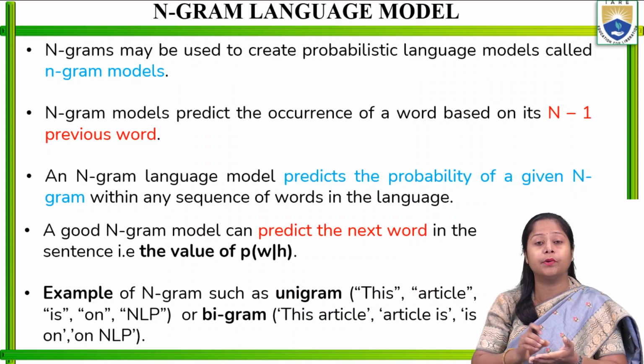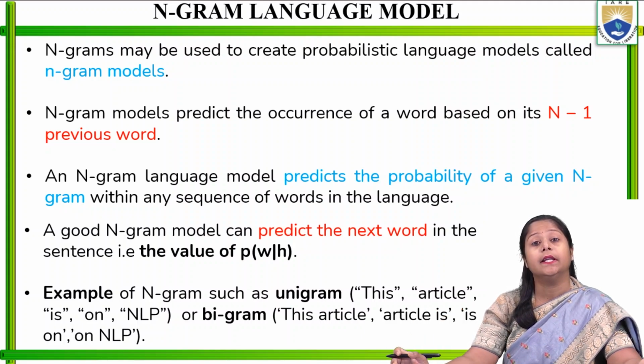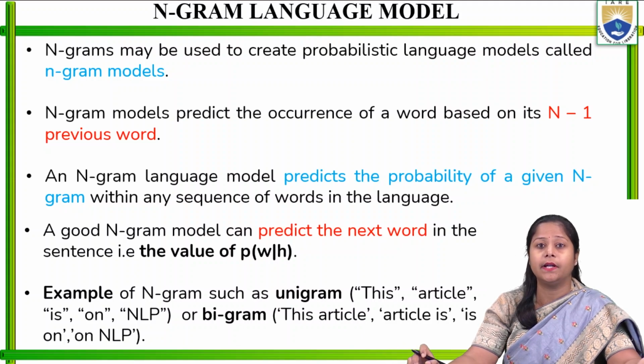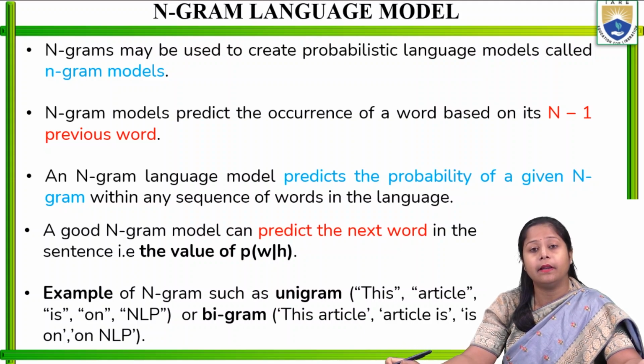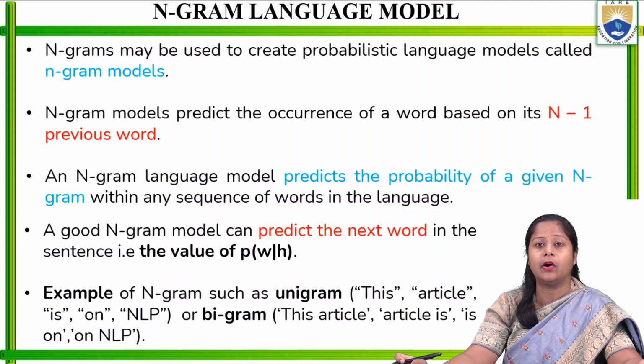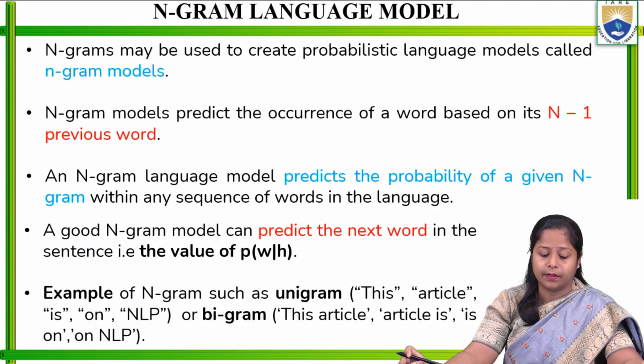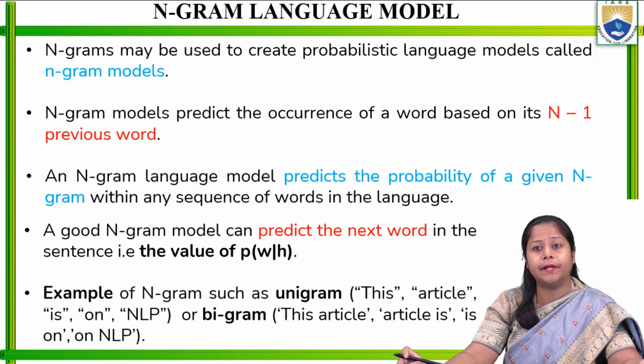Whenever the model identifies the next word, based on the previous words it gives the probable occurrence. So the n-gram language model predicts the probability of a given n-gram within any sequence of words in the language. A good n-gram model can predict the next word in the sentence, that is, the value of P(w|h).